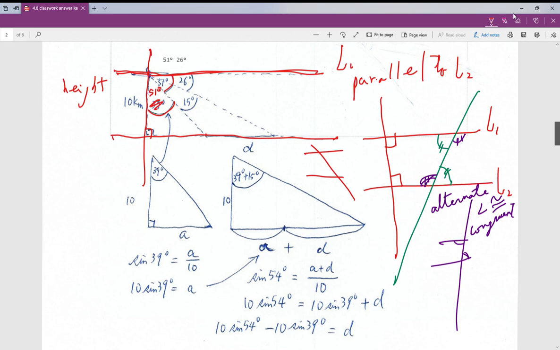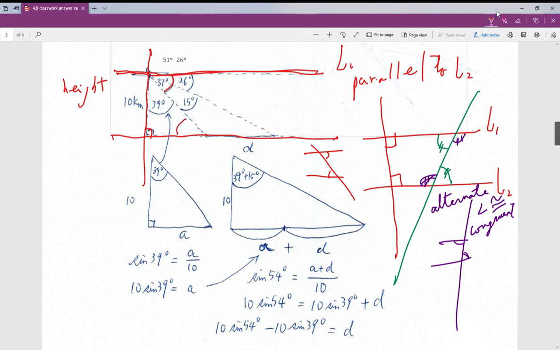Oh, no, it's 51. Oh, okay. Let me see. Why did I say 39? So if this is 51 degrees, then here needs to be 51. Sorry about it. Yeah, I was right.